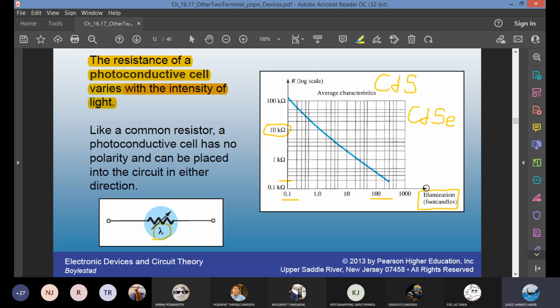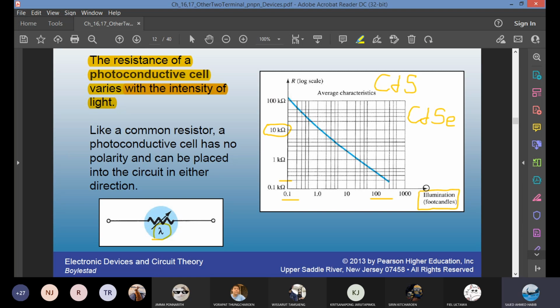It has instead a thin layer of conducting material which is connected between the terminals, and this layer is exposed to the applied light. For example, cadmium sulfide, cadmium selenide. This is just a thin layer of conducting material, not two different types, not P or N, just a thin layer.